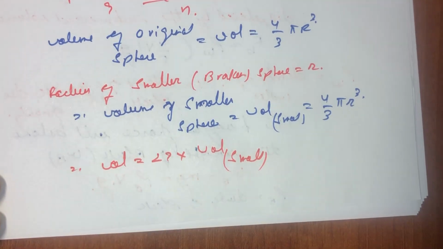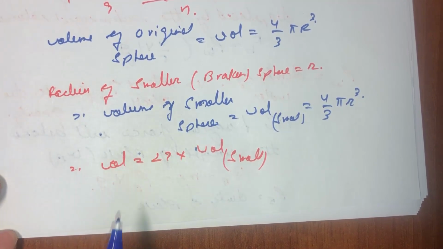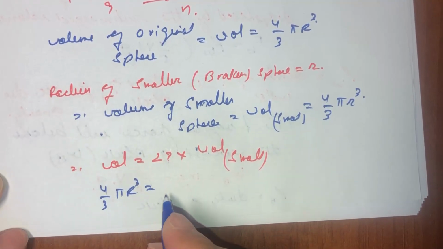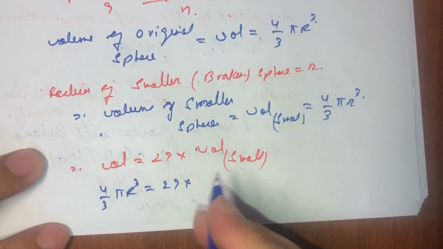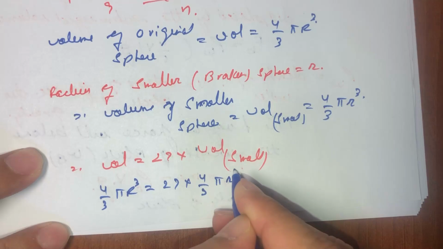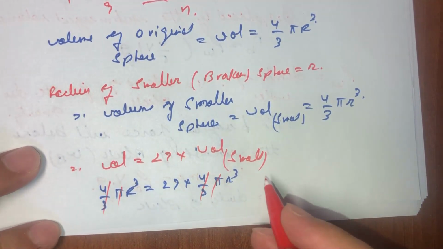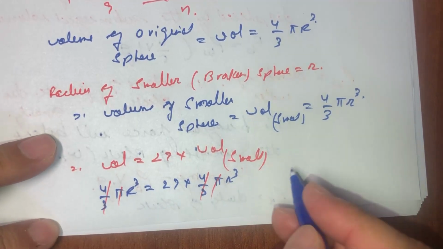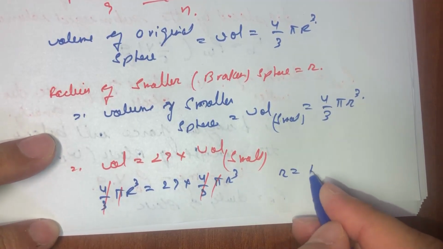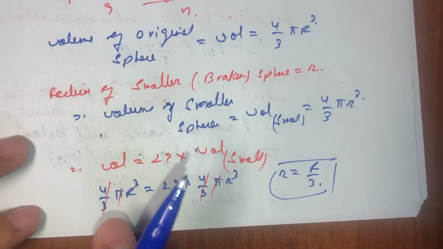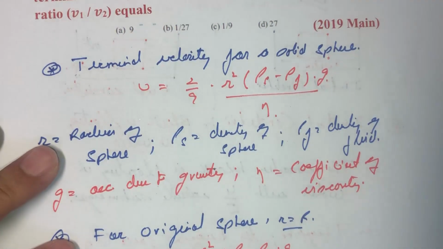Now this relationship is going to give us a relation between small r and capital R: the bigger is 4 by 3 pi R cube, and the smaller side is 27 times 4 by 3 pi r small cube. 4 by 3 pi cancels out, so from here we can write that small r will be equal to capital R divided by 3. So we got the relationship between the radius of the original and the broken one.